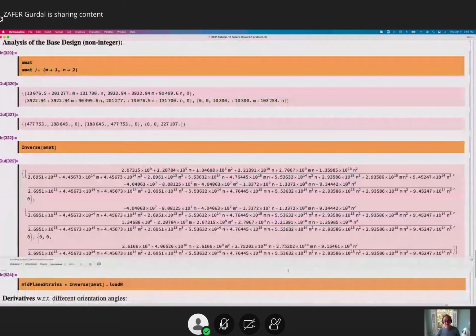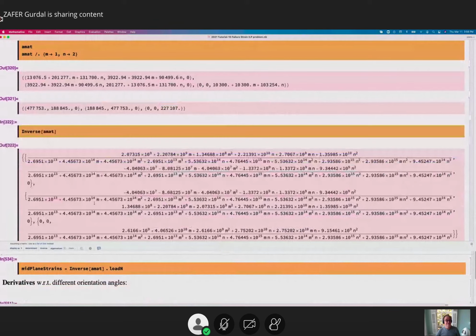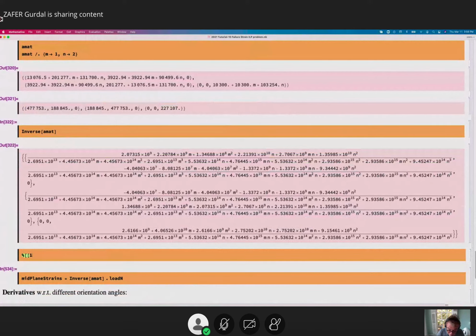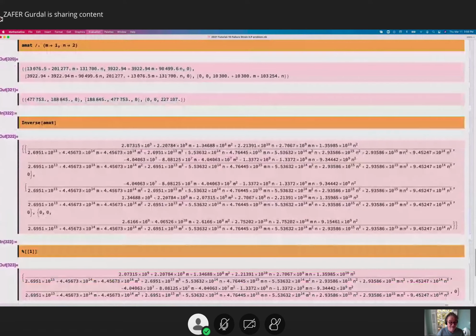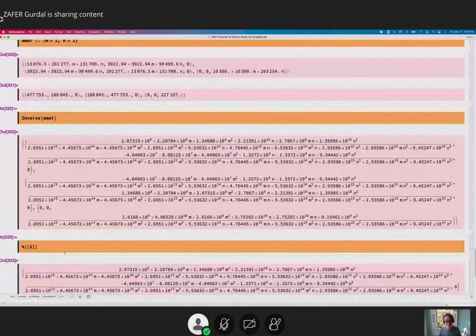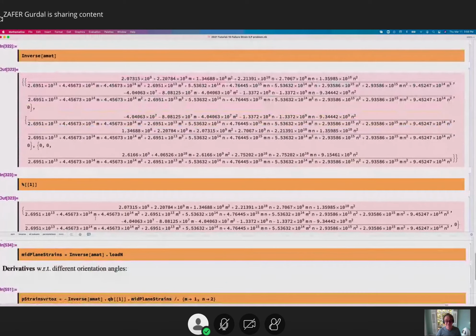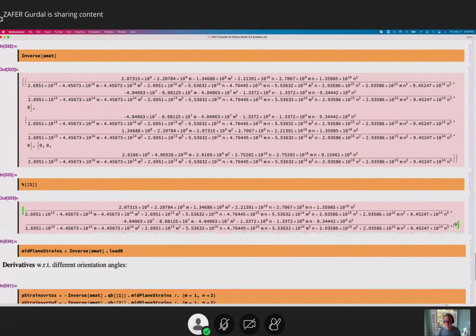You see, just the A11. If I take A11 inverse, you see that it's a very complicated expression.